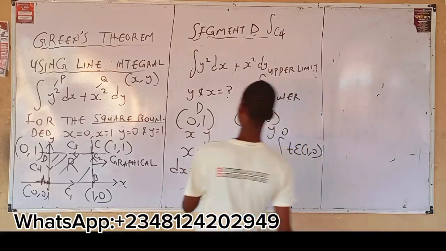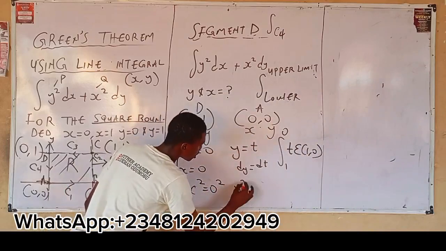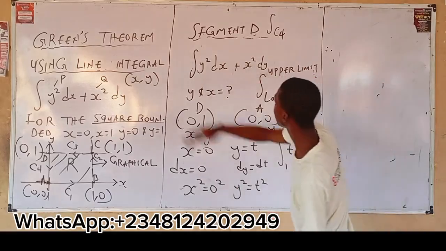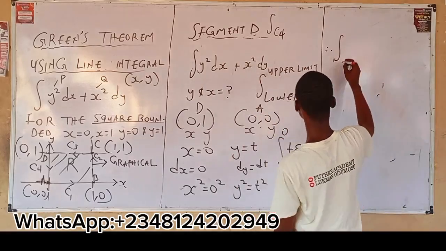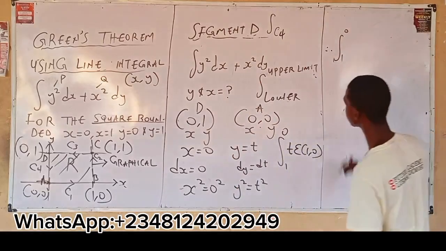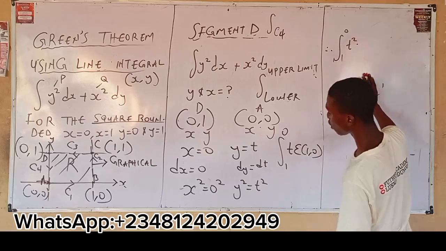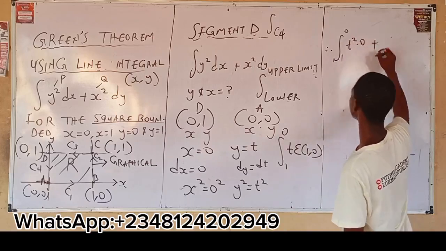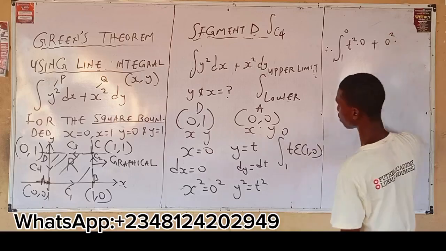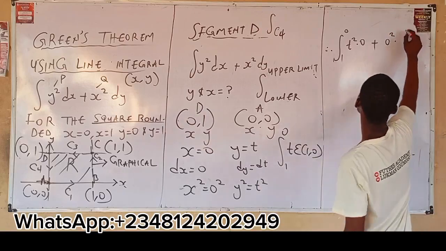And if x is equal to 0, x squared is 0 squared. If y is equal to t, y squared is t squared. Therefore, substituting all this in your line integral formula for segment D, you have the integral from 0 to 1 of y, which is t squared, multiplied by dx, which is 0, plus x squared, 0 squared, multiplied by dy, which is dt.